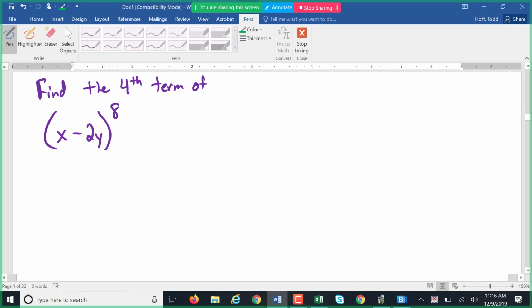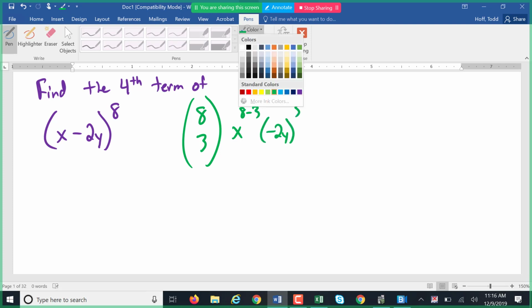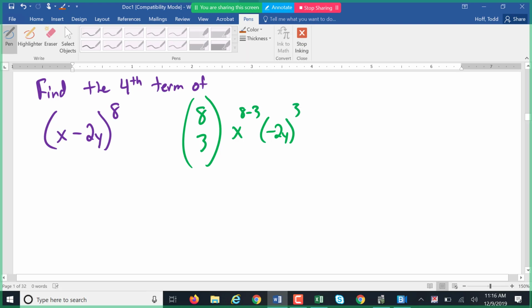So for our 4th term, this is going to be 8 choose 3. Remember that the bottom number always trails the term by 1. Then this is going to be x to the power of 8 minus 3, and then negative 2y to the power of 3. So I do the 8 choose 3 first. That's 8 factorial over 3 factorial times 8 minus 3 factorial.